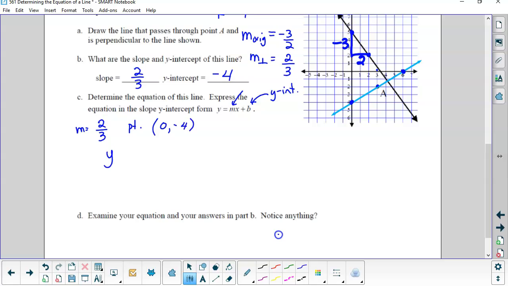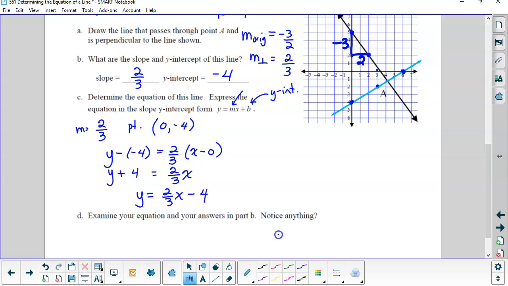So we'll have y minus negative 4 equals 2/3 times x minus 0. If we get rid of the brackets, and it says put it in slope y-intercept form, that's going to be y equals 2/3 x minus 4.